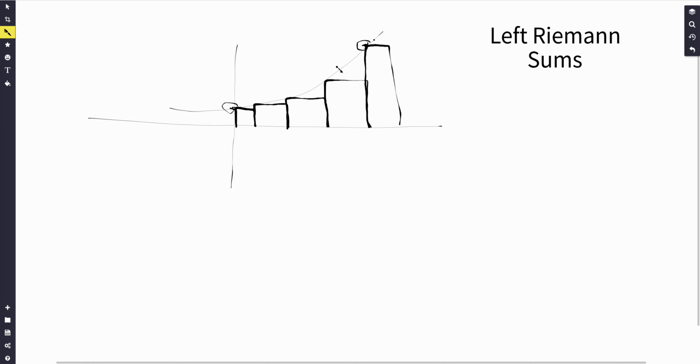There's a gap right here, right here, right here. So it's clearly an under approximation. Whatever the actual integral is, the value you get from the left Riemann sum would be less. Again, there's a formula for this one, which I think is also kind of confusing, but hopefully I clear it up in the examples I'll provide.